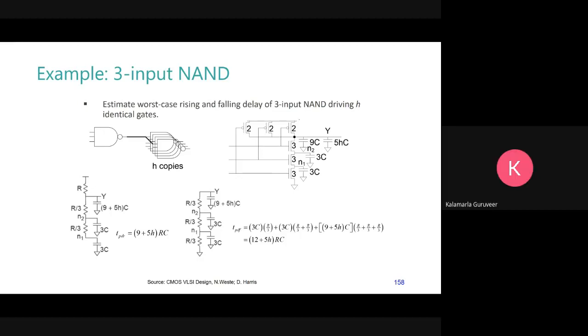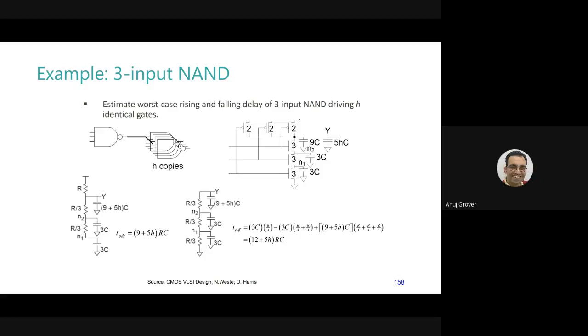Sir, basically, we assume that one of the NMOS will be off so that no current will flow through ground, right? See, you have to have one PMOS on. One PMOS on means one NMOS will be off. Yes, sir. But with respect to the third NMOS, we have a capacitor which is attached to ground. Can you please repeat?